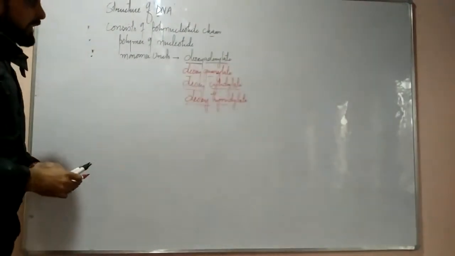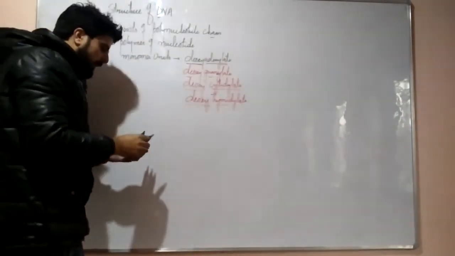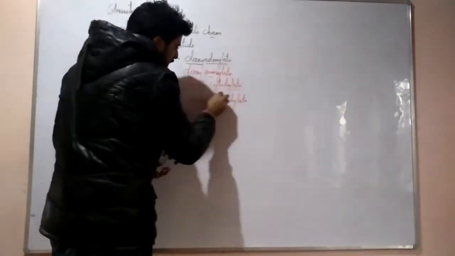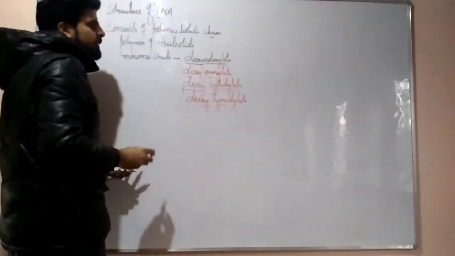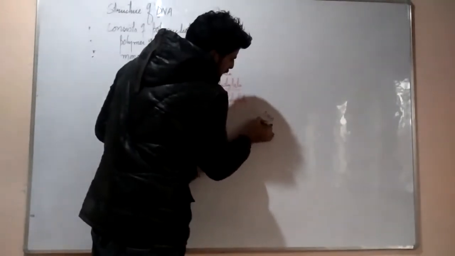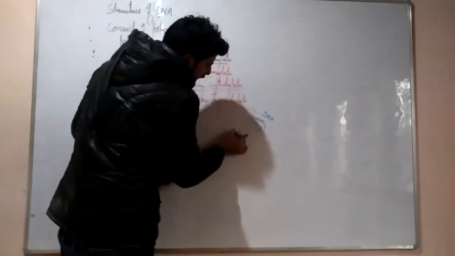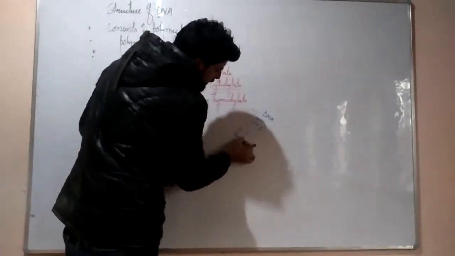thymidine triphosphate. Some of the authors represent it with TTP, that is thymidine triphosphate, because this type of nitrogenous base or nucleotide is present only in case of a DNA.